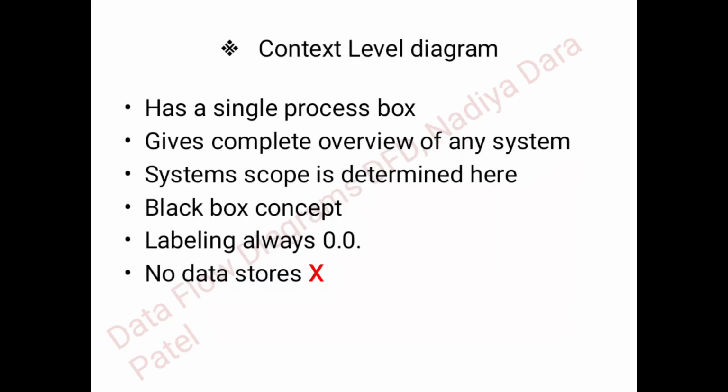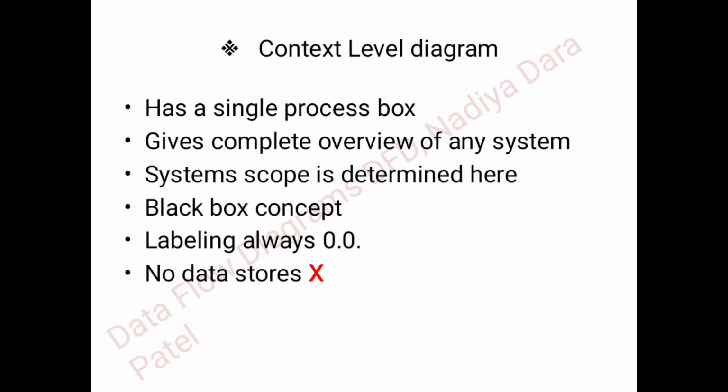So again, let us go through the context level diagram rules. It should have only a single process box. It should give a complete overview of any system. It should define the scope of the system. It is actually the black box concept. Black box is when you just give input and check output.